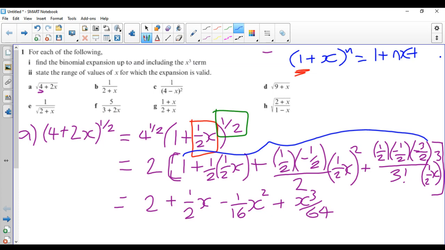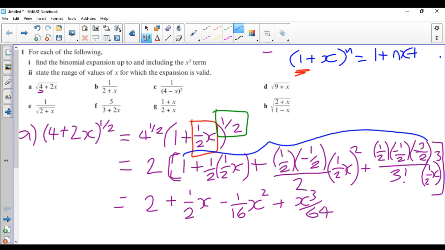That's entirely up to you, but if you're making mistakes doing it all in one go, then I would suggest you do the square bracket first and then times by the number on the outside. Do not lose this 2. It is very important. Try not to make it just appear at the beginning and then reappear at the end, but disappear in the middle, please. It doesn't look great in exams.